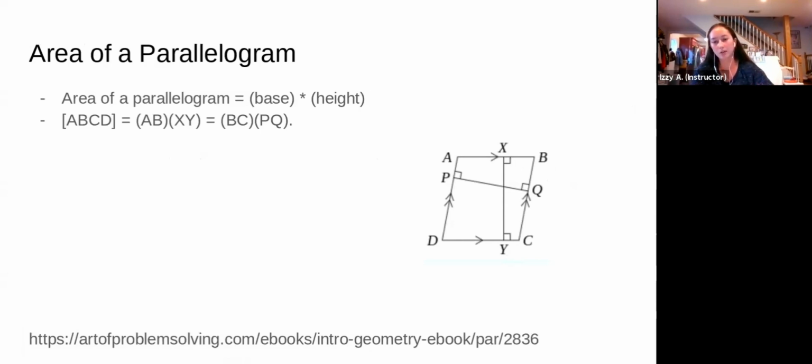If you want to tilt your head sideways and then see it from, I guess, like a horizontal view, so BC times PQ would also work to figure out the area. I'll leave this up here for a few seconds and then we can move on.